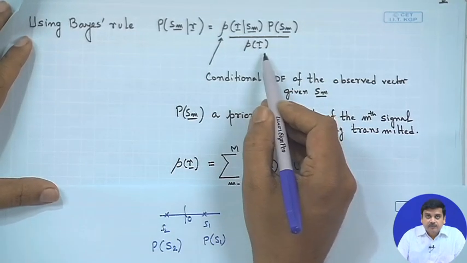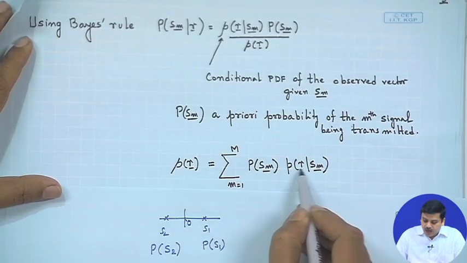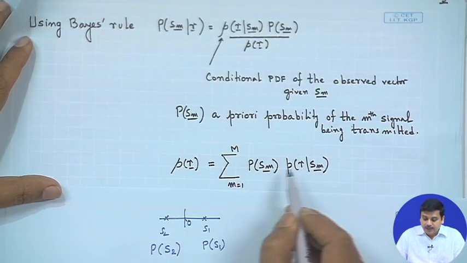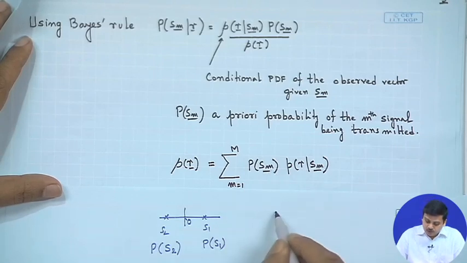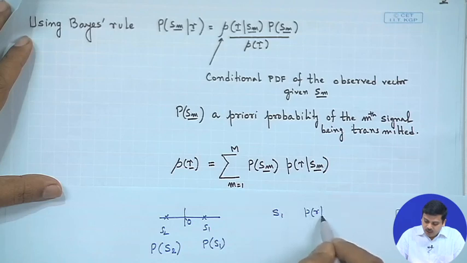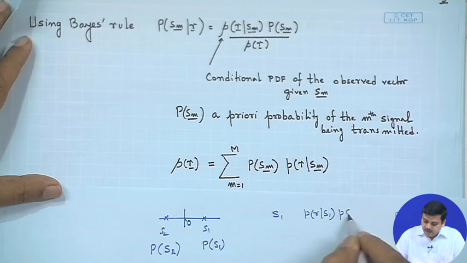And P of R could be expanded as P of R given Sm multiplied by the probability of Sm. Suppose you choose S1, then you get P of R given S1 multiplied by P of S1, plus P of R given S2 times P of S2.